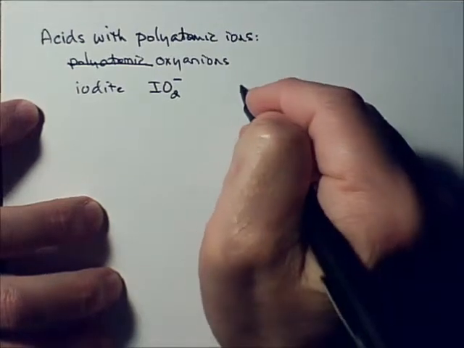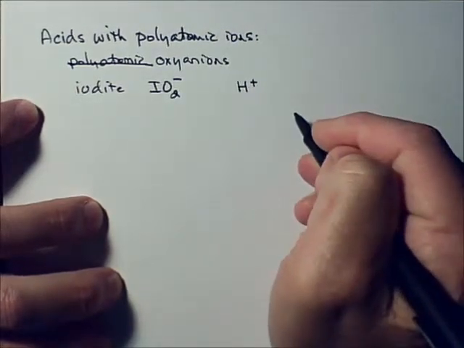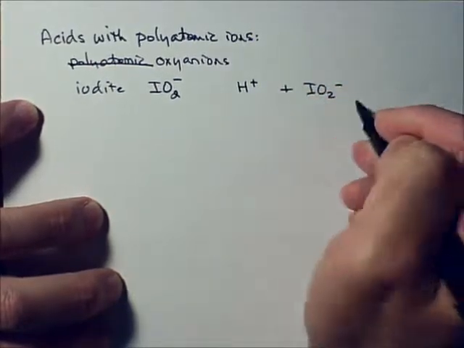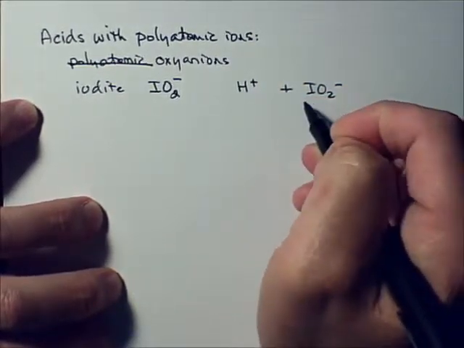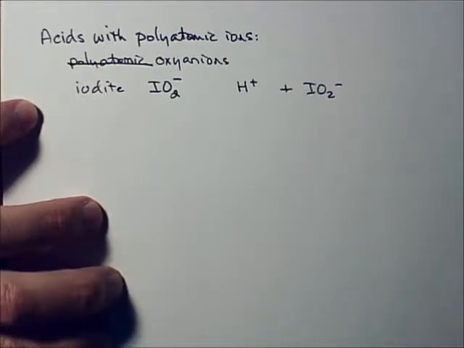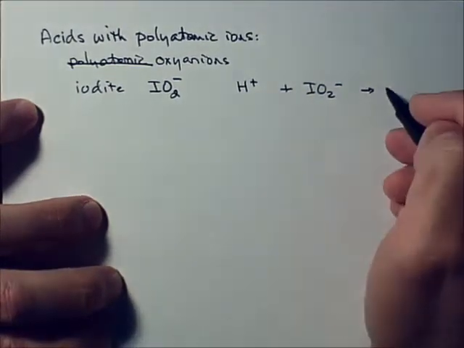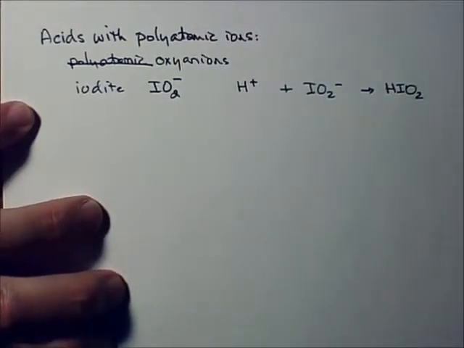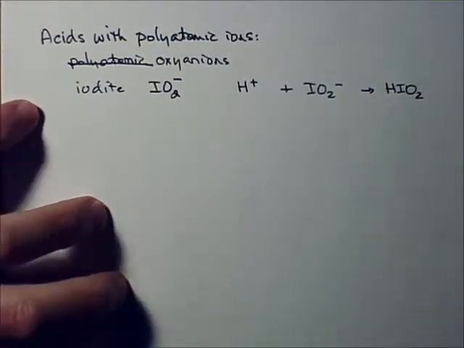So I need H plus and our anion, in the ratio that gives a neutral charge. How many of each? One of each, because they're already 1 plus and 1 negative. They cancel out automatically. So this formula is HIO2.